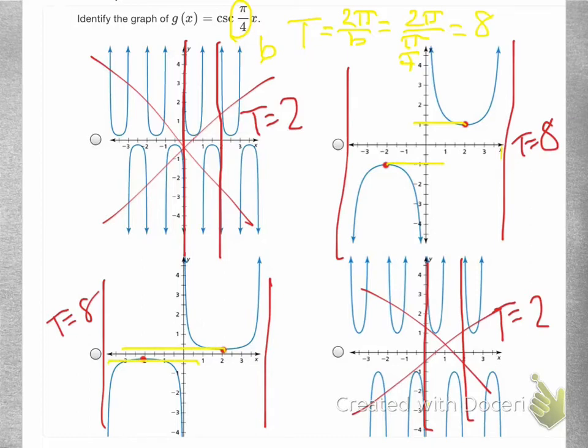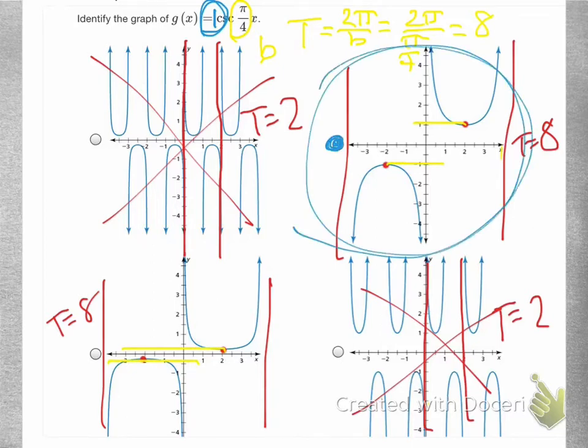So what affects the distance there? Well, what affects that is my A value. And what is my A value over here? The A is 1. The number right here out in front, the A value is 1, which means the correct graph is going to be this one right here, because from its center line, it's up and down exactly 1 unit.